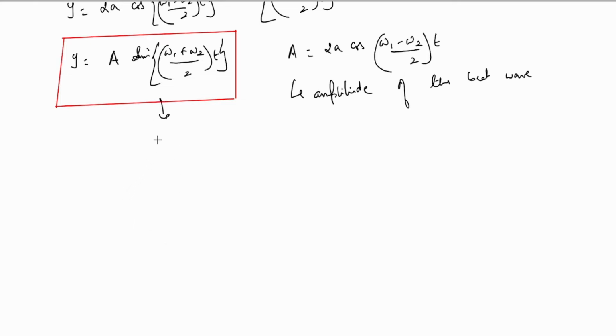From here you can find the frequency of the progressive wave, which is equal to (2 pi f1 plus 2 pi f2) by 2 into 2 pi, which is equal to (f1 plus f2) by 2. So this is the frequency of this progressive wave.